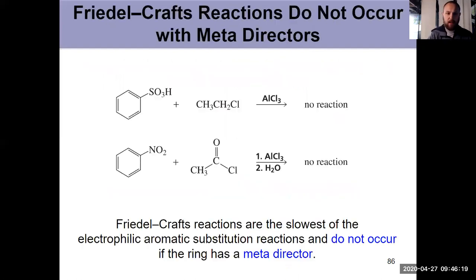But the flip side of that, Friedel-Crafts reactions, the alkylation and the acylation, these are the slowest of our 5 EAS reactions. And they actually won't occur if you have a meta-director on there, things that are moderately or strongly deactivating. Even if you use a Lewis acid catalyst, if there's a meta-director on there, it's not going to go.